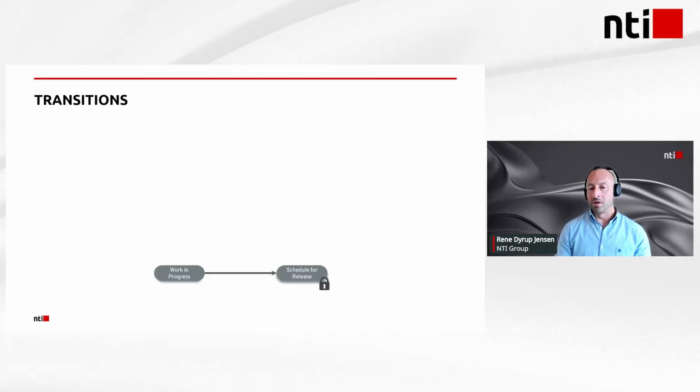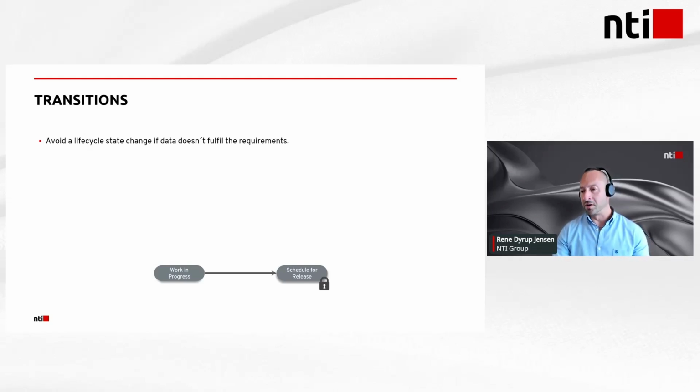So let's have a look at a lifecycle state transition. First of all, you want to avoid a lifecycle state change taking place if the data does not fulfill the requirements, meaning that it might be that a drawing needs to be saved after the model, or it could be a lot of different conditions that need to be fulfilled.